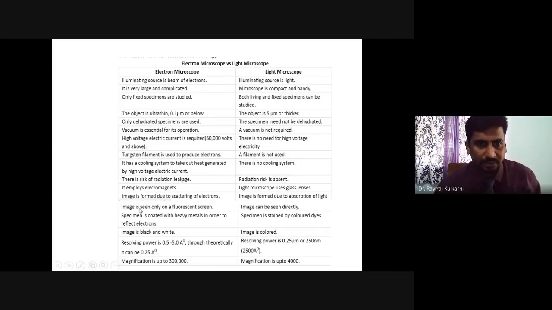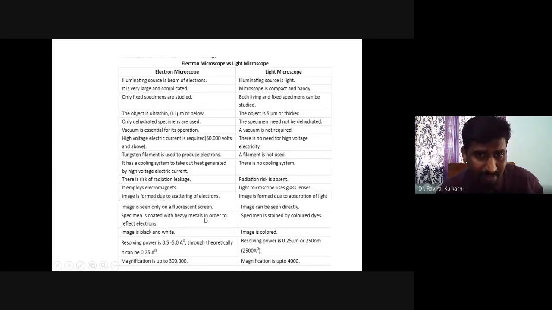Image is formed due to scattering of electrons in case of electron microscope. In case of light microscope, image is formed due to absorption of light. In a light microscope the image is seen on a fluorescent screen. Here in electron microscope, the image can be seen directly with your bare eyes.